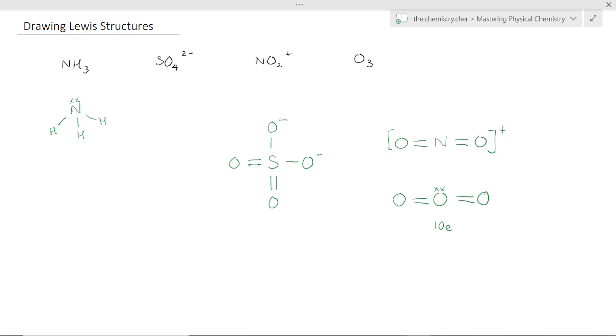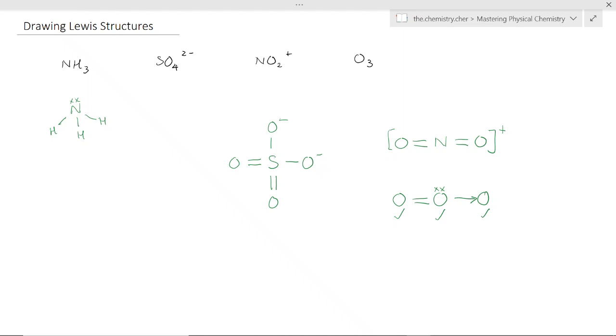So what is going to happen is that instead of forming a double bond, it will form a dative bond where it gives 2 of its electrons to the oxygen. This oxygen here is satisfied, this oxygen here is satisfied, and the oxygen in the center has 8 valence electrons, which means it is also satisfied. Just take note that if you cannot expand the octet, you should change your double bond into a dative bond.